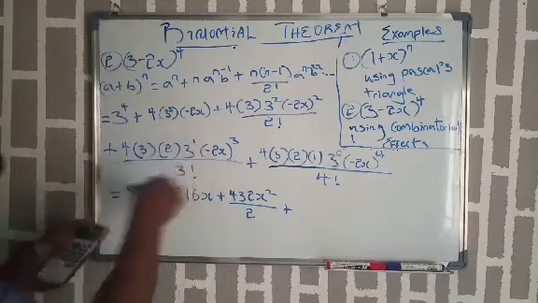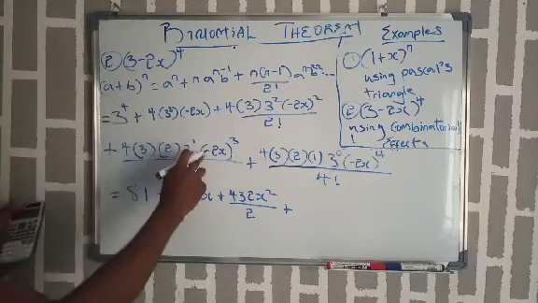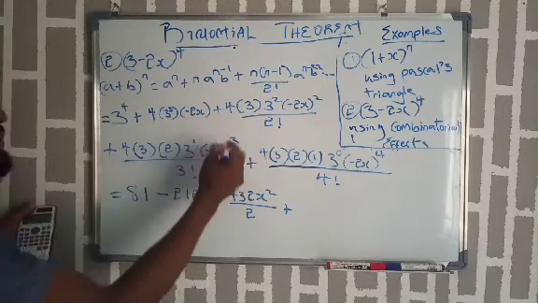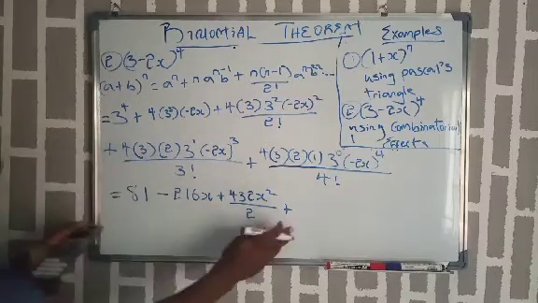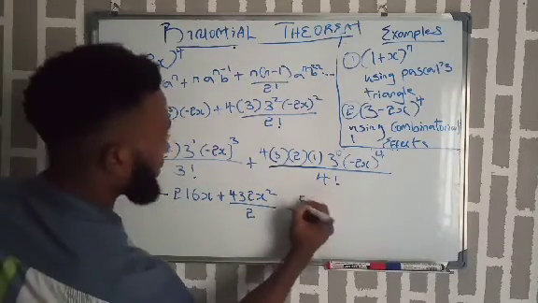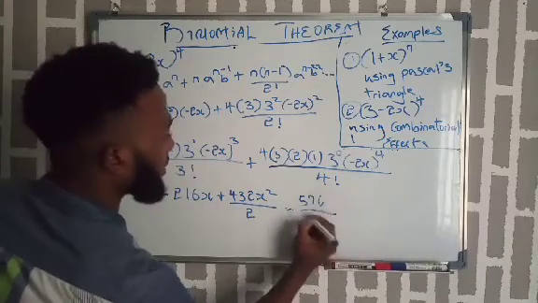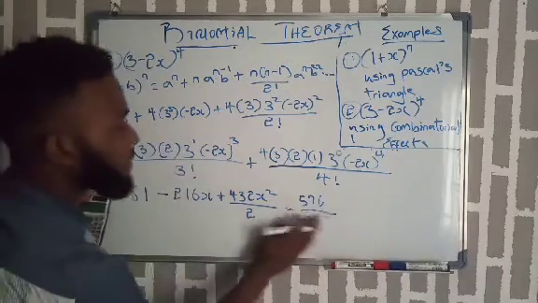Why is this minus 2 multiplied by minus 2 multiplied by minus 2, raised to the power 3? I taught you in indices: when you see a negative sign raised to an odd number, it becomes a negative sign. So this is 2 times 2, 4, 4 times 2, 8. Now it becomes negative, whatever you get, 576 over 3 times 2 times 1, 3 factorial, which is 6.